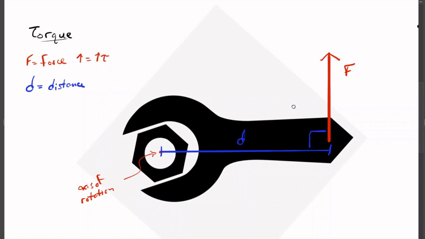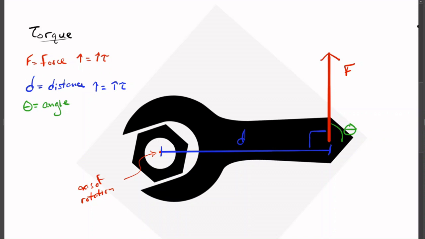We see that this angle also makes a difference. So this angle is also important. If we increase this distance, then we're going to have an increase in torque. The farther away we are, the more leverage we have, the better we will be at causing a rotation.